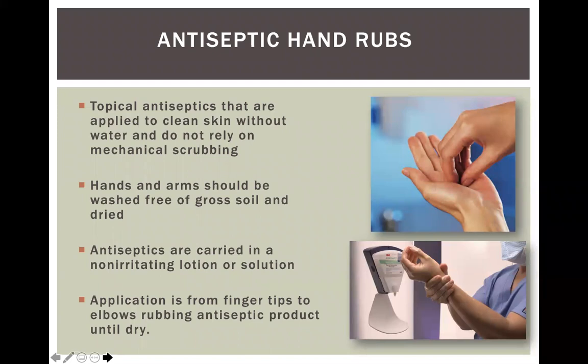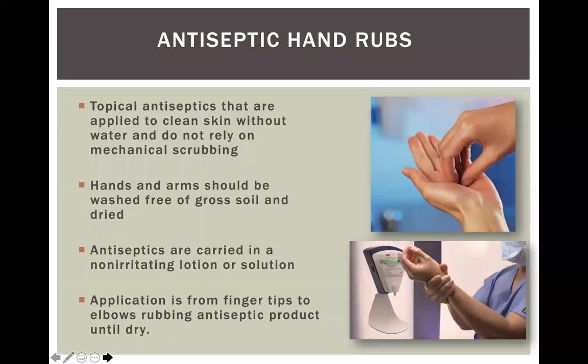Now, we said that physical action of scrubbing, which we know they talk about washing your hands and singing happy birthday, is good for removal of mechanical things. The idea behind antiseptic hand rubs is that we should still be able to apply them after just at least a quick washing of hands without scrubbing, and then the application of the antiseptic, again, is going to be time dependent. It is supplied in a number of ways.